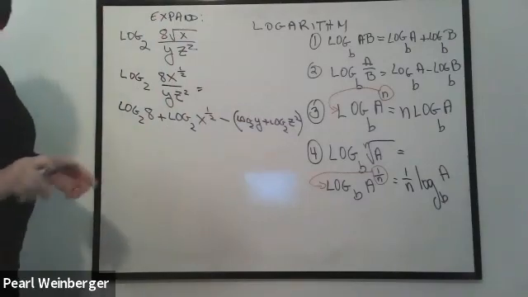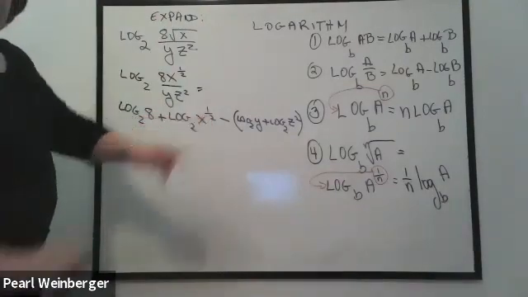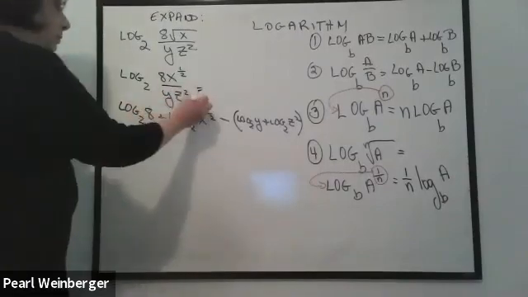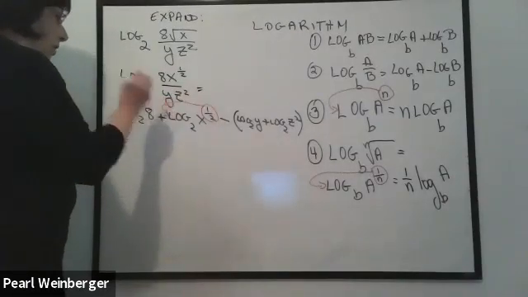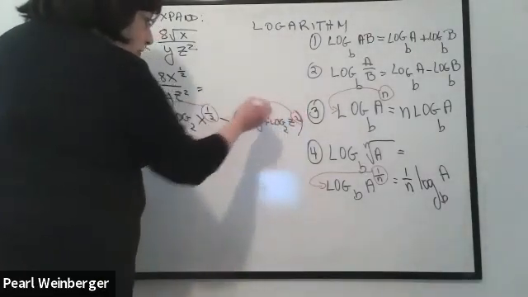Okay, the next thing is to look for exponents. Now there's an exponent here, so this exponent is going to become the coefficient. And this is an exponent over here, so it's going to become the coefficient.